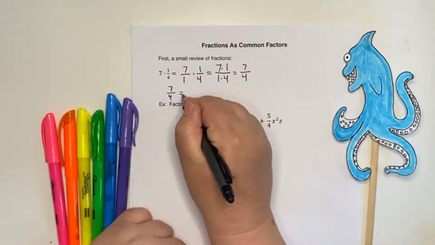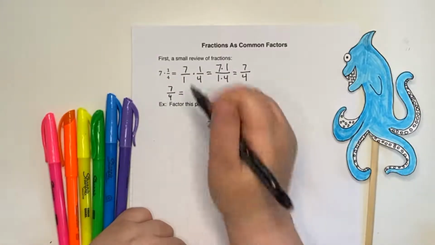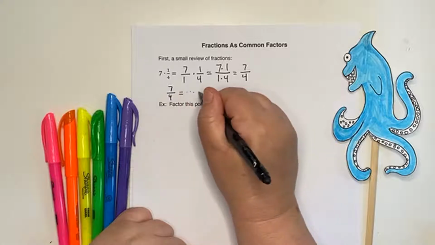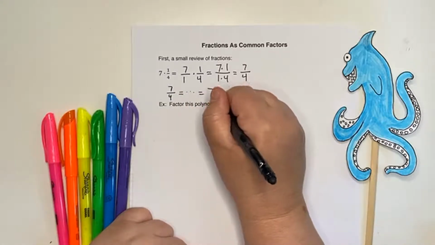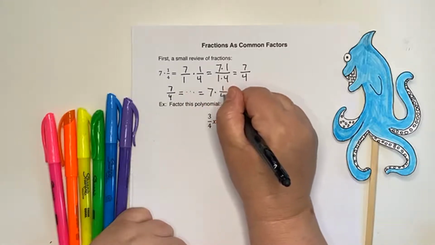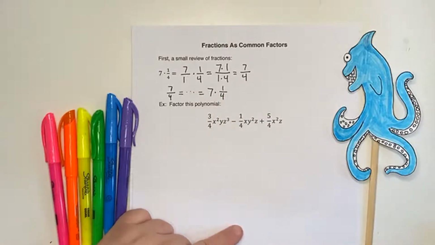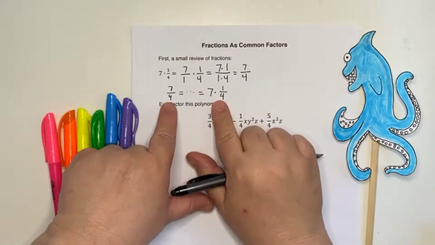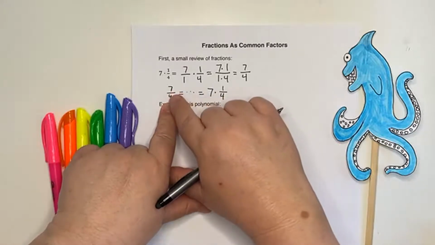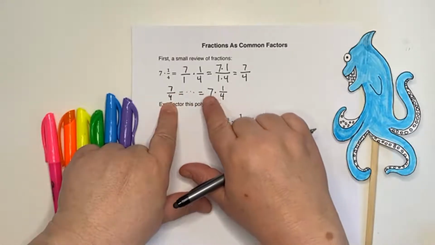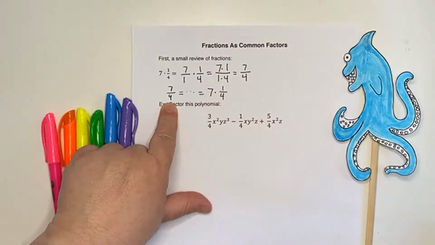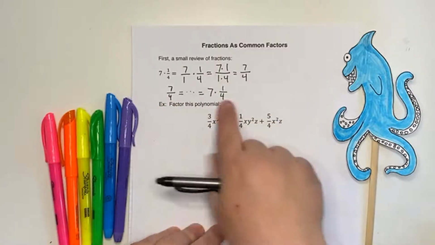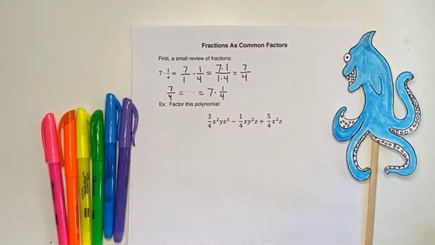So if I start with 7/4, I happen to know that it equals 7 times 1/4. These two expressions have equal value. So whenever I see 7/4, I could split that up as 7 times 1/4. I can use substitution to replace one of them with the other. Okay, so that's where we're going to start.